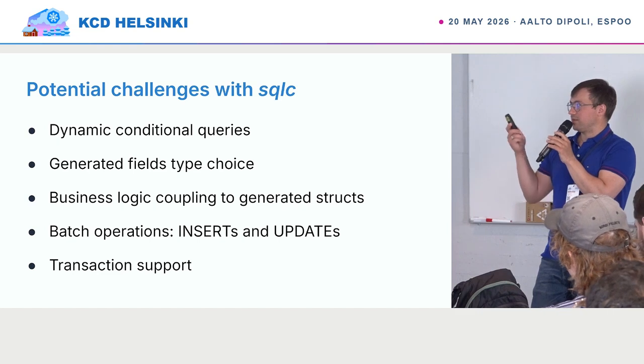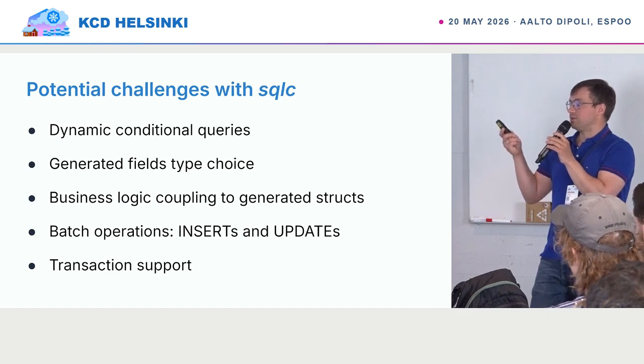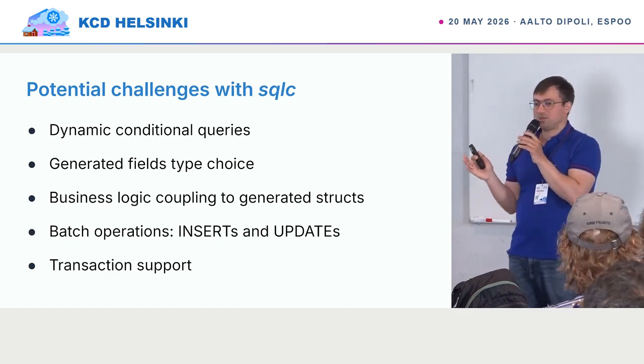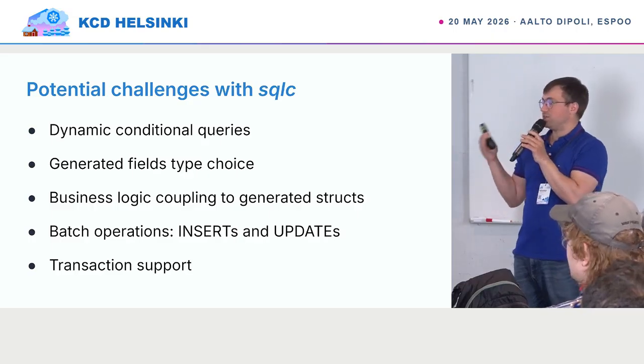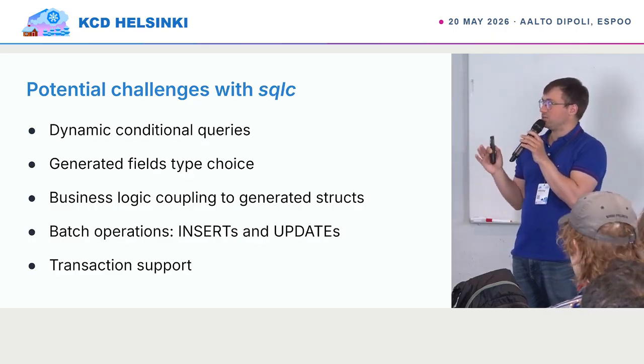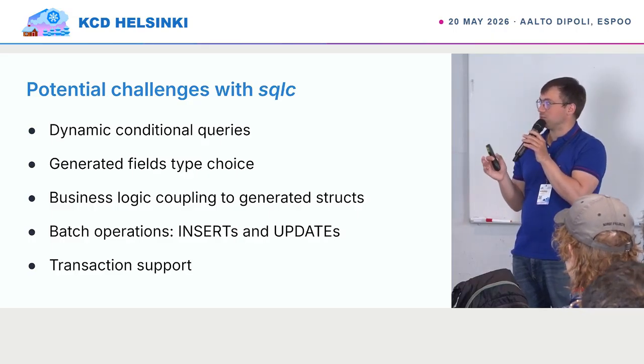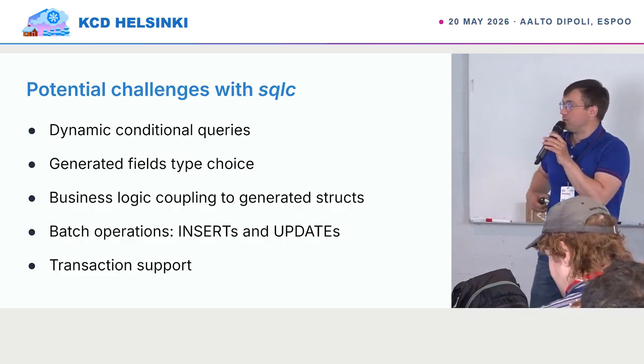So there is an option, there are different varieties of types you can generate in the Go structs. sqlc allows you to choose if there is ambiguity.